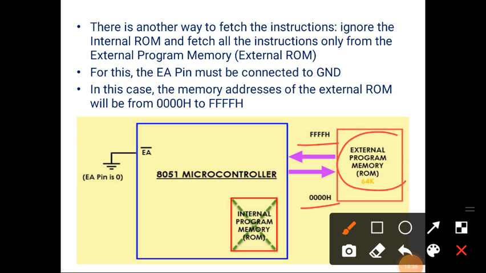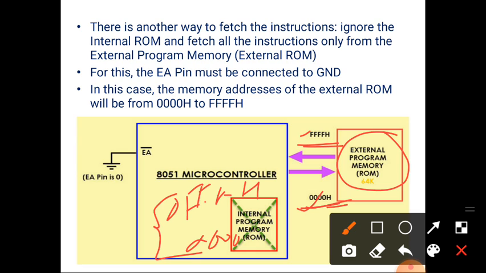That is, the external memory is 64K. If we are only using external memory, then it starts from 0000 to FFFF. If we use internal memory also, then the locations from 0000 up to 0FFFH are overlapped in both memories.